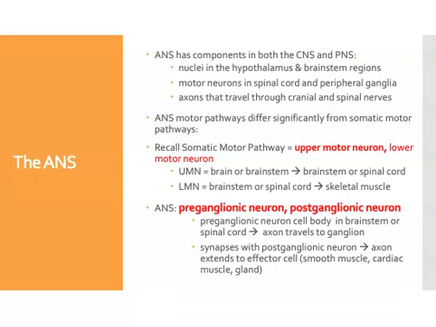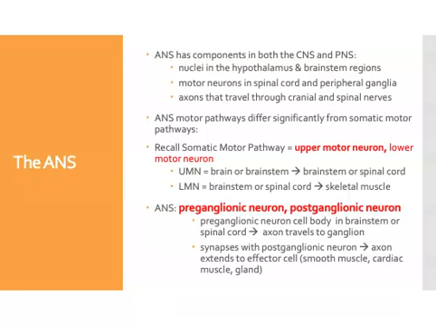Autonomic nervous system pathways, these motor or efferent pathways, are going to travel in a way that's very different from the somatic side of the nervous system, the somatic motor pathways. Remember, when we talked about the somatic efferent pathways, we said that they involve an upper motor neuron and a lower motor neuron.